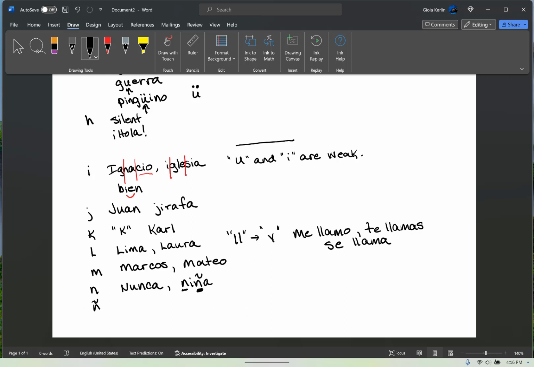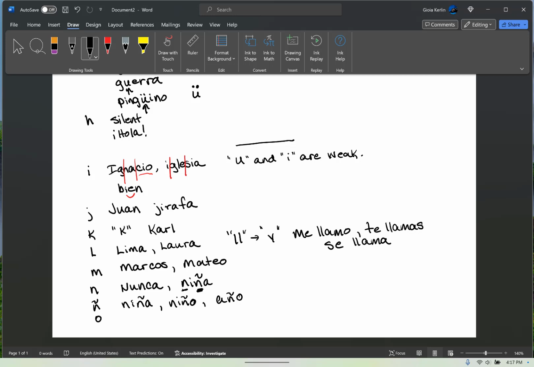Ñ is nasal. It comes through your nose, like almost saying canyon in English. So, niña, niño, año. Those are three really good examples of the Ñ.